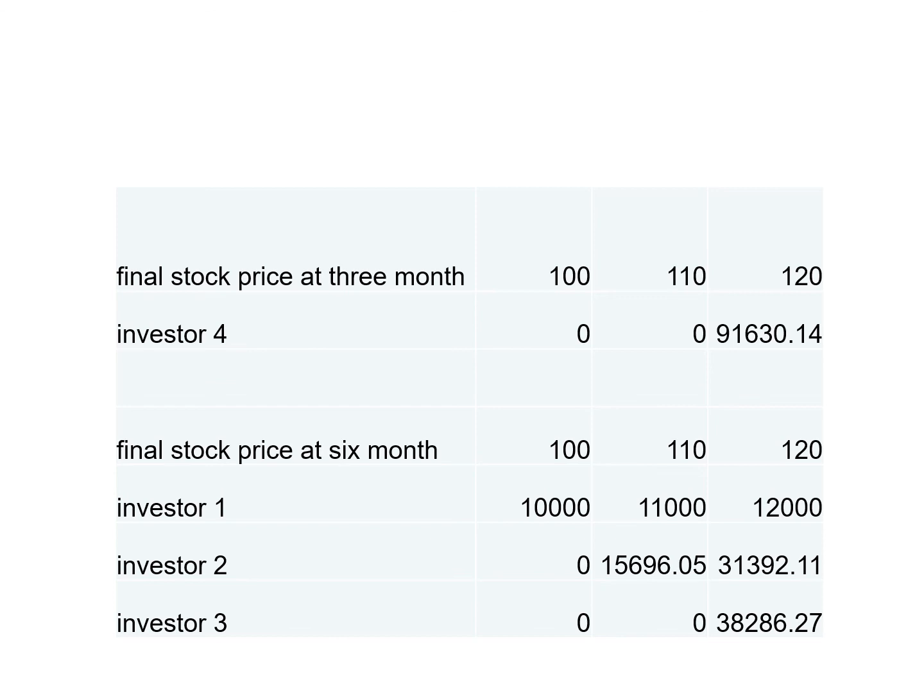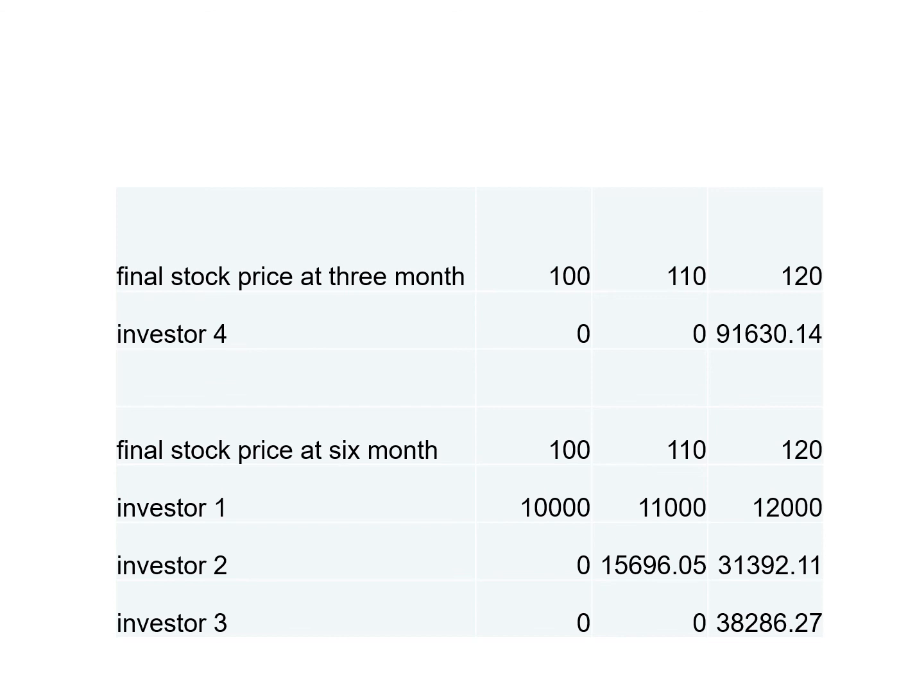The second investor, if the stock stops at 100, he loses everything. At 110 and 120, his earning is quite substantial. His strike price is 100.